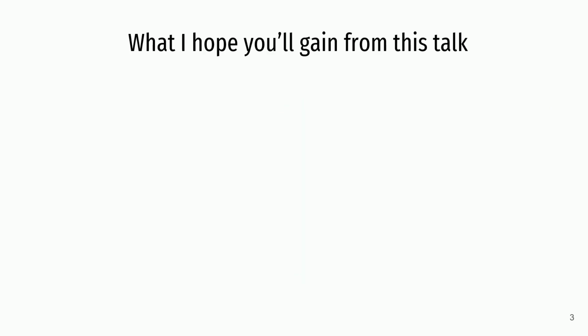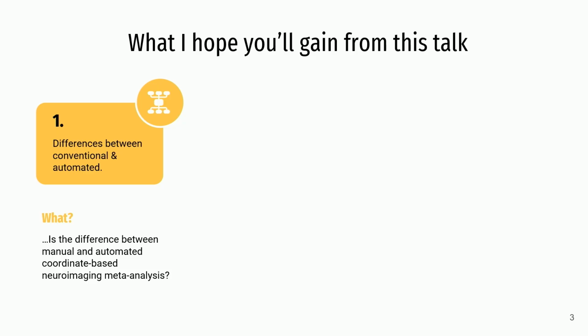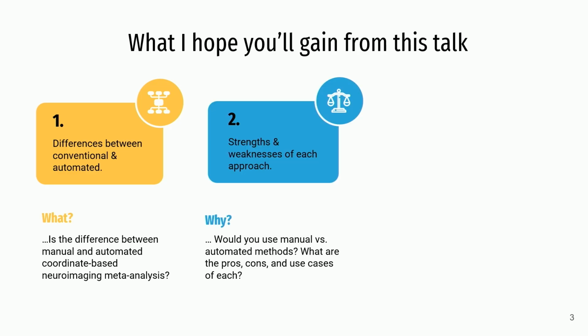So what I hope you gain from this talk over the next 15 to 20 minutes is that you can walk away understanding the differences between a manual versus an automated coordinate-based meta-analysis. I hope you start to learn a little bit about the strengths and weaknesses of each of these approaches.